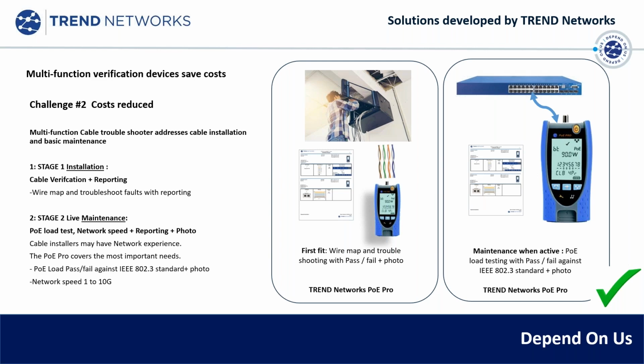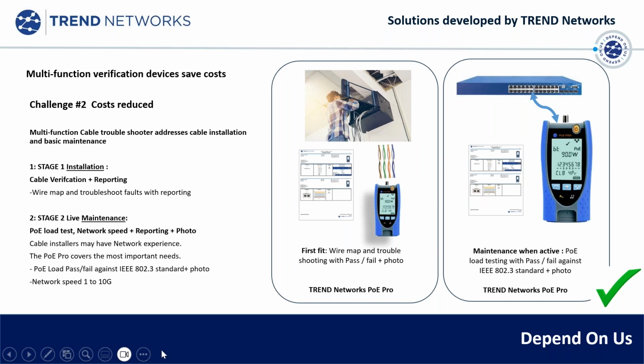So I'd like to introduce you to a term, multifunction verification testers. Multifunction will help us solve some of these issues with cost. The installation team can do a wire map at the most. The most important thing is doing a wire map and making sure they can get those conductors in place and trace their cables.